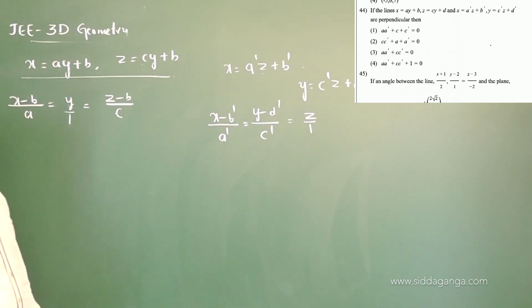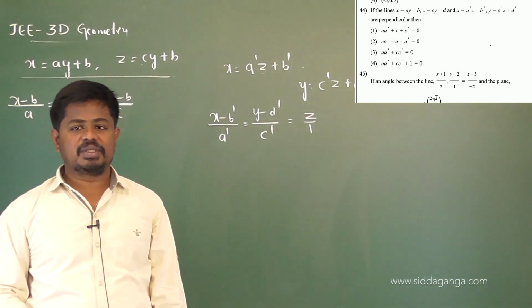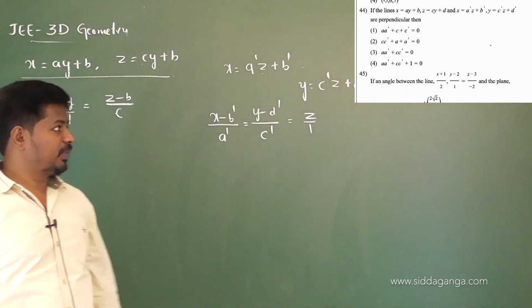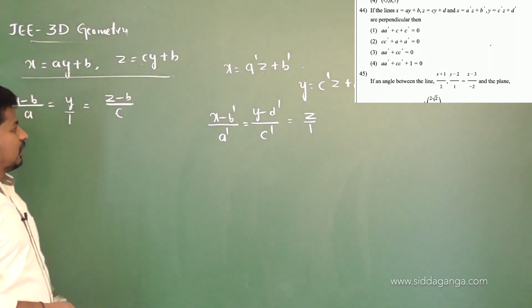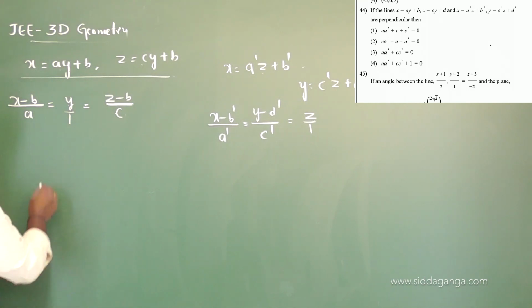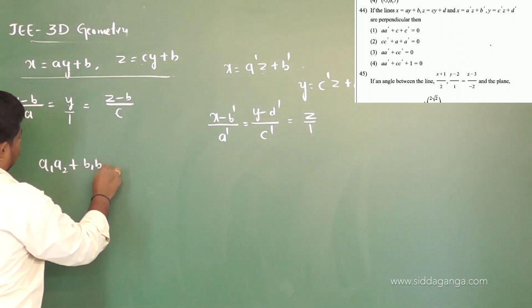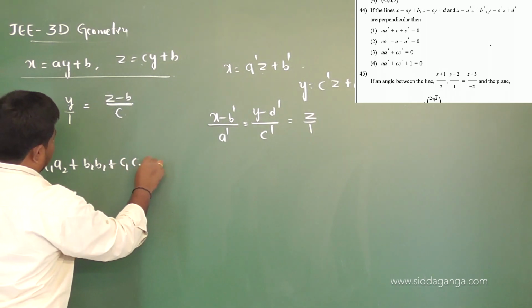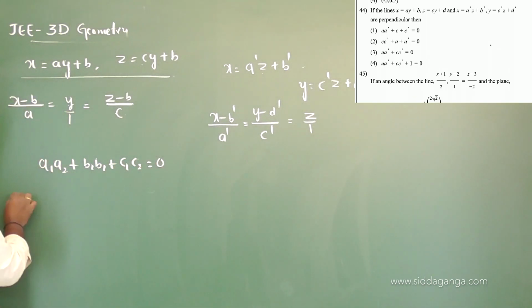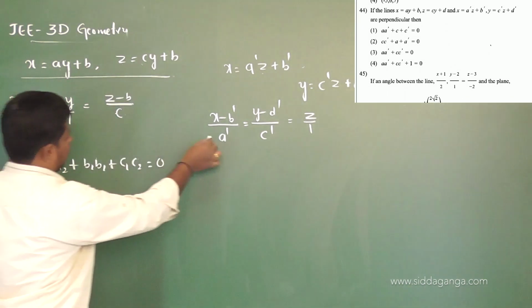Now the question is, if the lines are perpendicular, you mean these two are perpendicular, what is the condition for perpendicularity? Yes, the sum of the products of the ratios is equal to 0, right? So this is a1 b1 c1, a2 b2 c2.